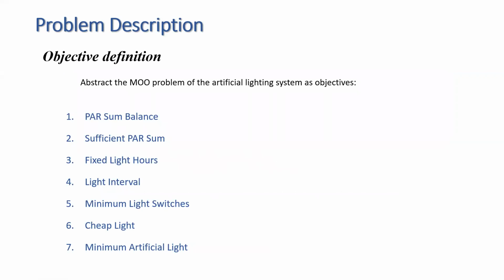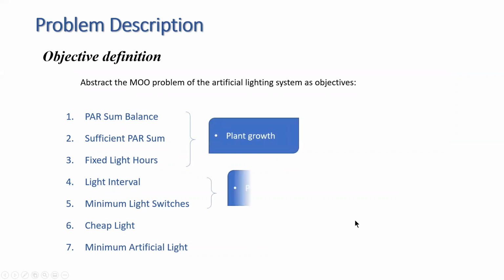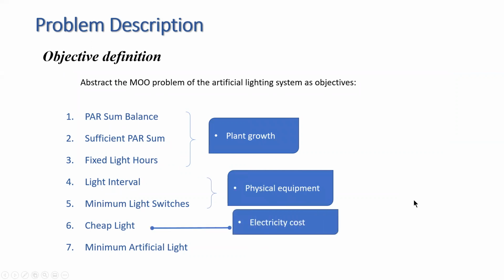These are the 7 objectives that is the abstract model of the artificial lighting problem in Journalite. And these objectives cover different aspects of the problem, such as the plant growth, that is the production quality, and the physical equipment protection, and also include to reduce the electricity cost and save energy.